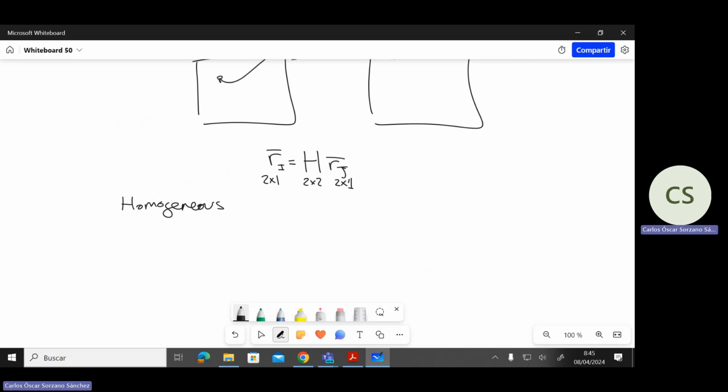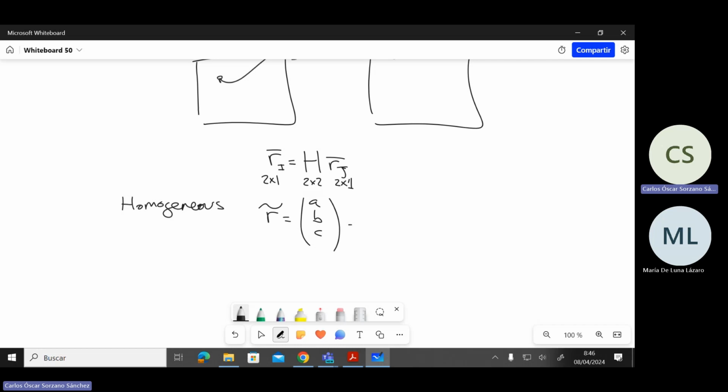Homogeneous coordinates: you have a coordinate that we use tilde to represent the homogeneous coordinate. This is A, B, C, say, and this corresponds to a specific coordinate that will be A divided by C, B divided by C. In this direction, it is unique.